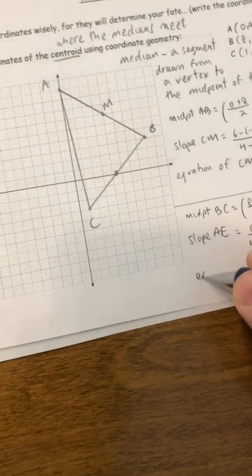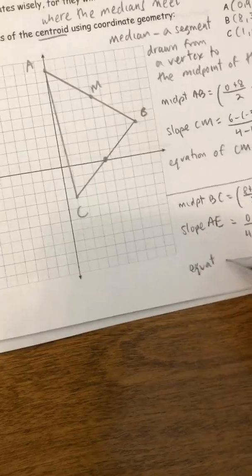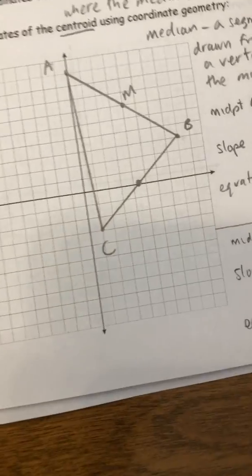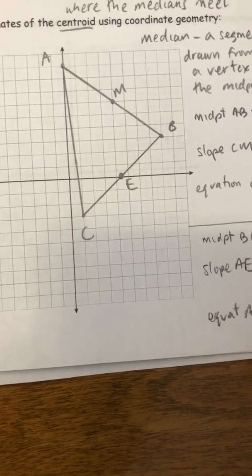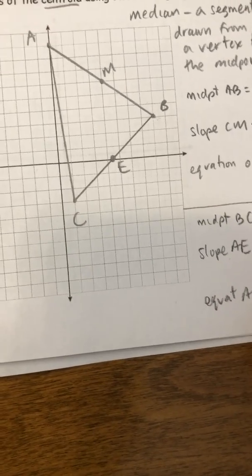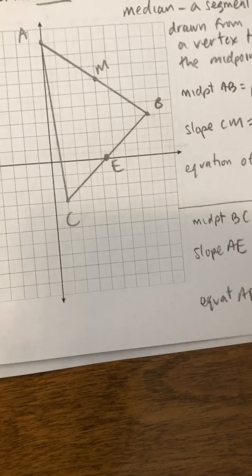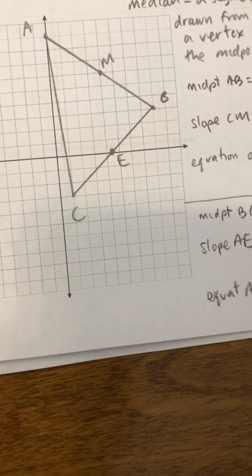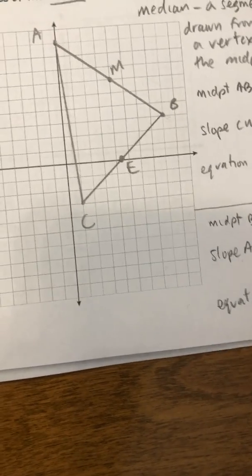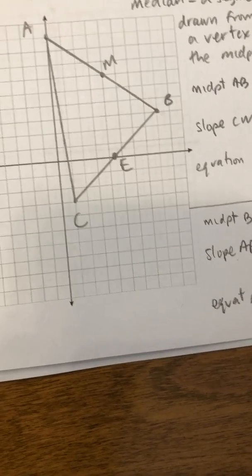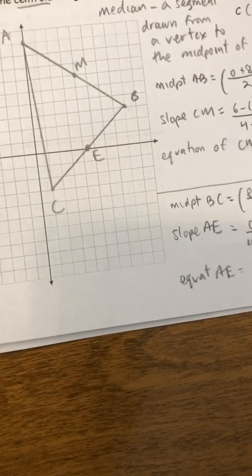The equation of AE, using point slope again, is y minus 9 equals negative 2 times x minus 0. Y minus 9 equals negative 2x. Y equals negative 2x plus 9.